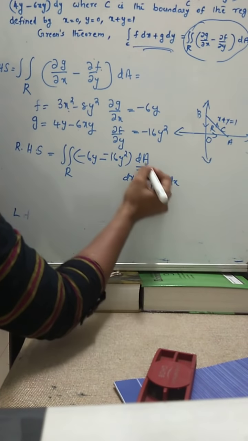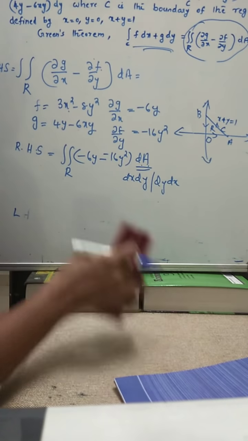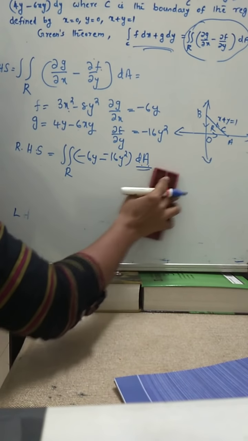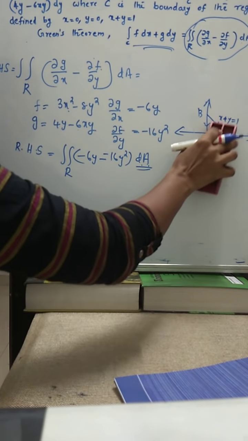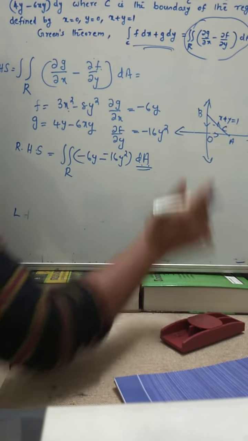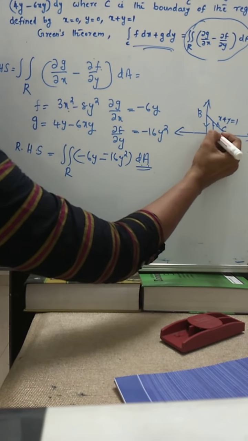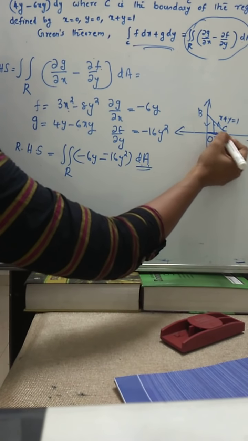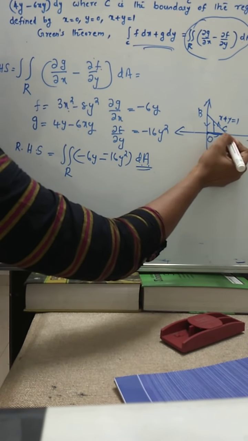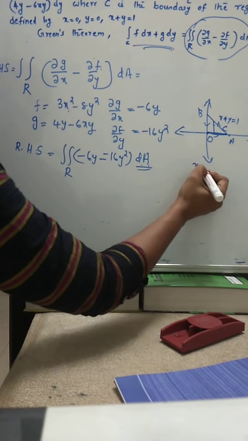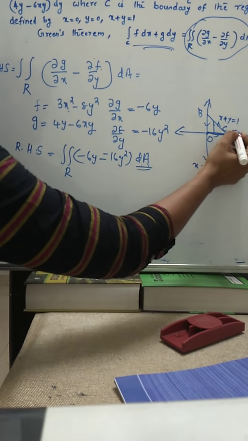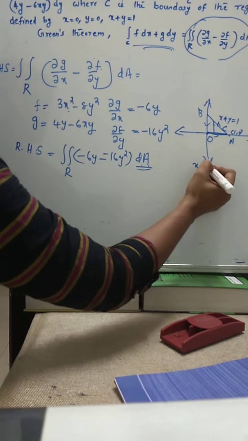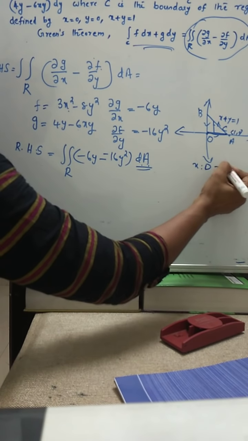And as we have to evaluate this right hand side, we will draw the region R here, and we will draw a vertical line here, so that you can see that the vertical line moves from left to right, x varies from left to right. This is the point (1, 0), so x varies from 0 to 1.